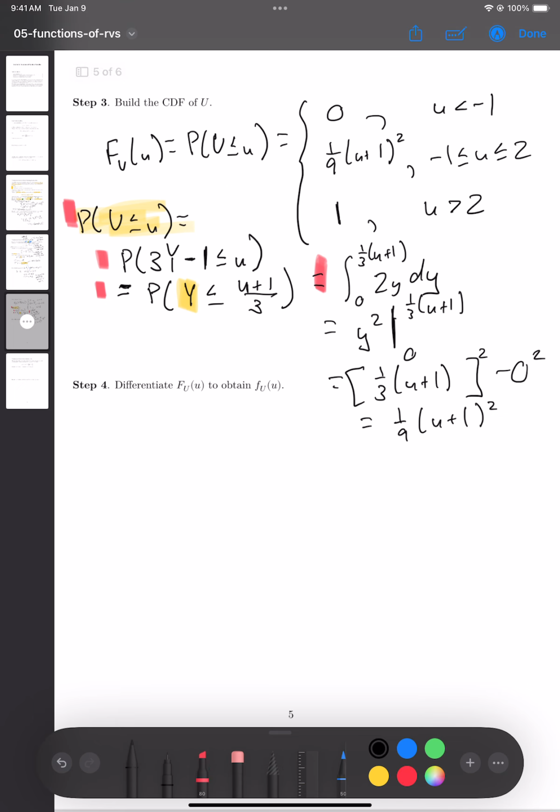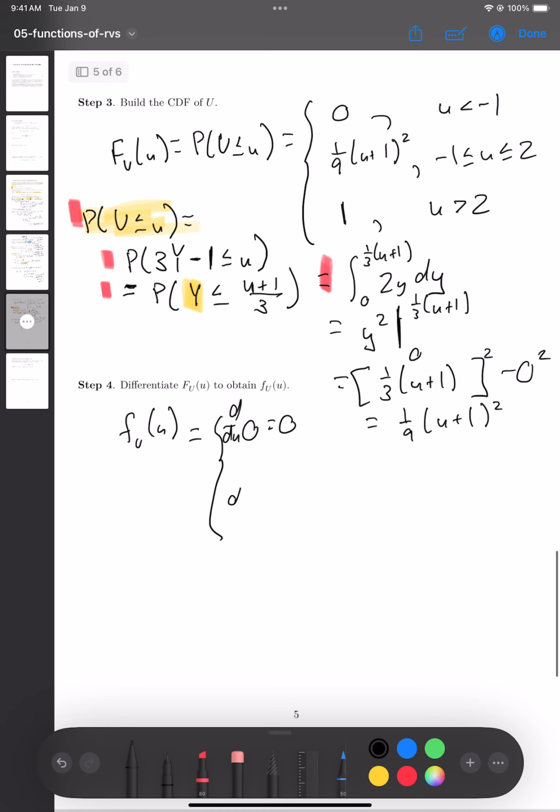Okay, but we are not done. The last step is to differentiate that to get the density function of u. I think step 3 is the hardest, and once you get through that, step 4 is a lot more straightforward. Differentiating 0, that's just a constant, so I get 0.